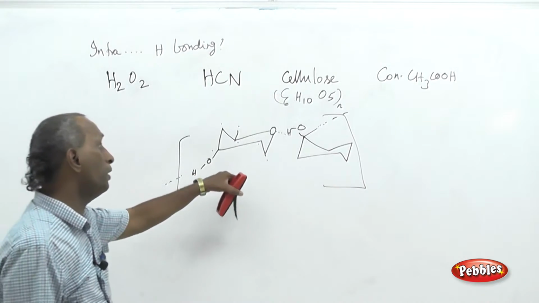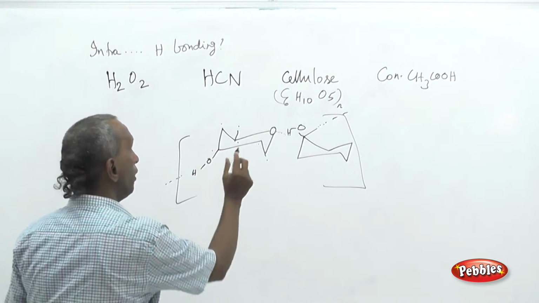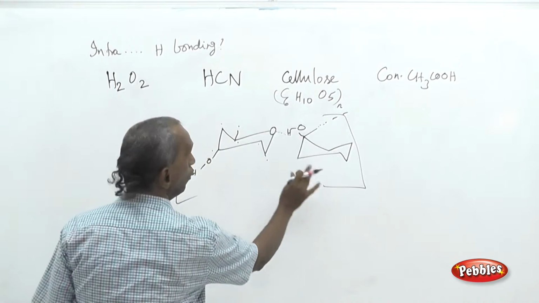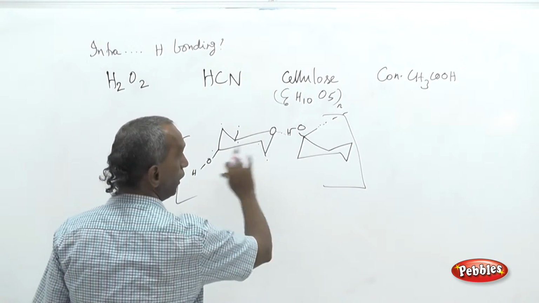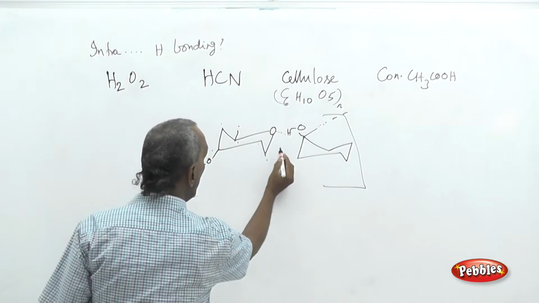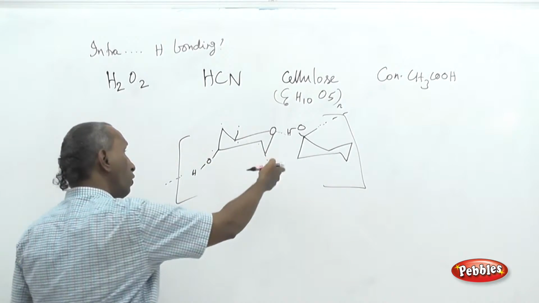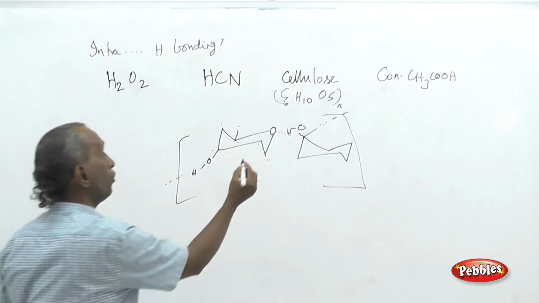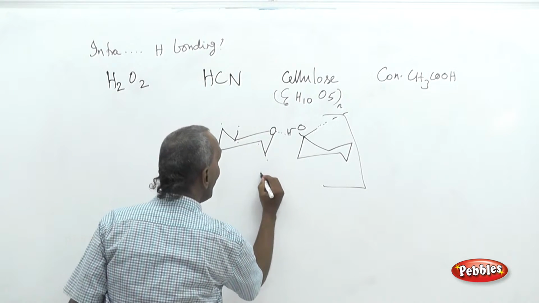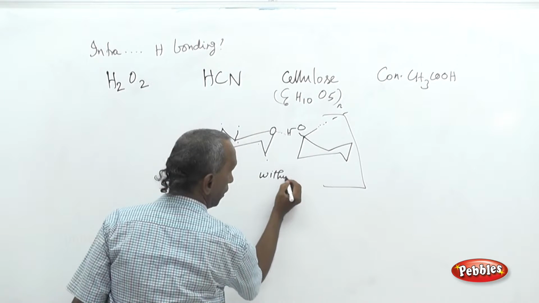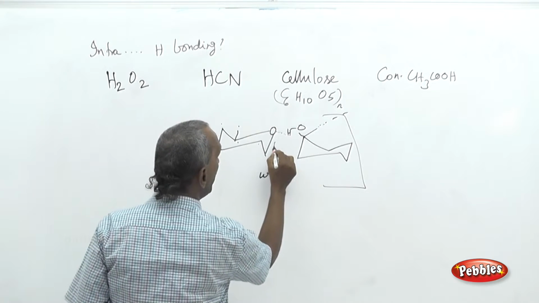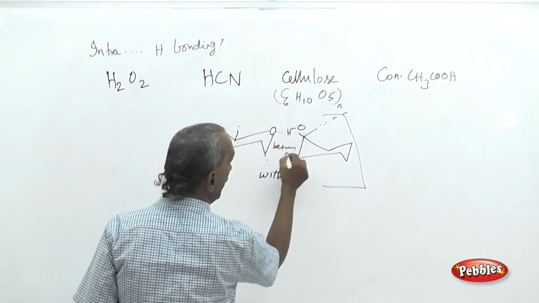The smallest unit of cellulose: any cellulose is made up of two glucose units. Cellulose is a high polymer. Between the glucose units there is hydrogen bonding, but cellulose is made up of glucose units. So hydrogen bonding exists within the molecule, between glucose units.